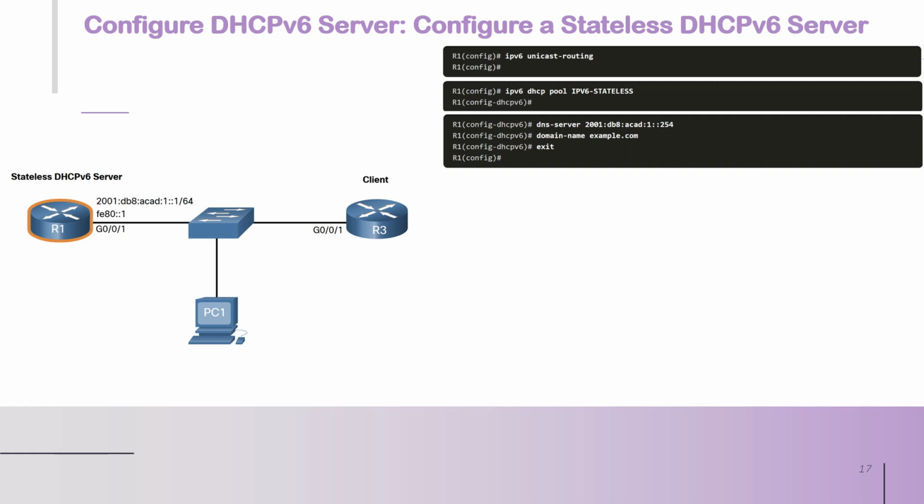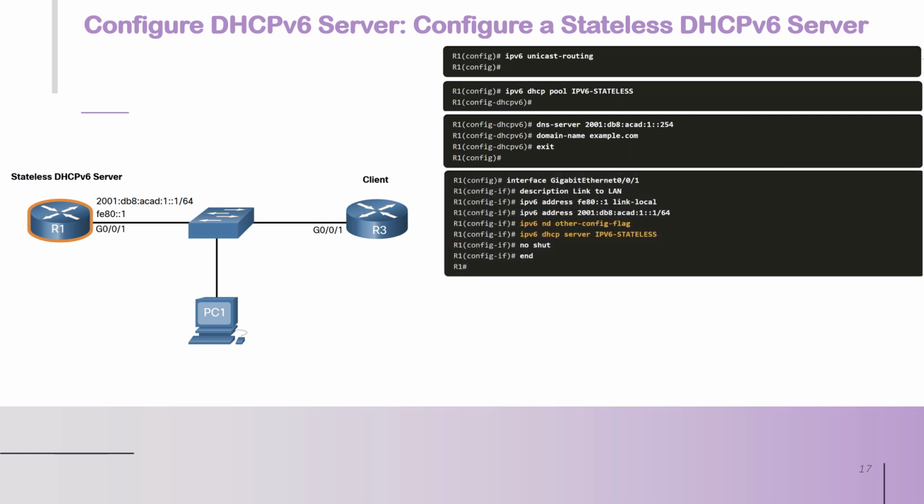And step number 4 is binding the DHCP version 6 pool to an interface. Since the interface that is connected to the network is GigabitEthernet 0/0/1, you have to go to the interface, and to bind the pool, you have to use ipv6 dhcp server followed by the name of the pool.